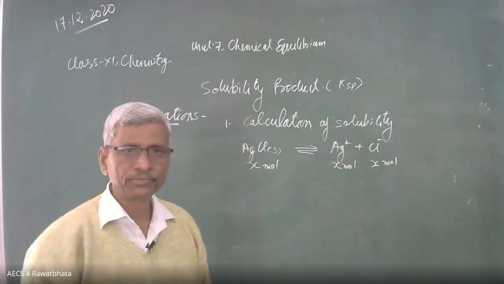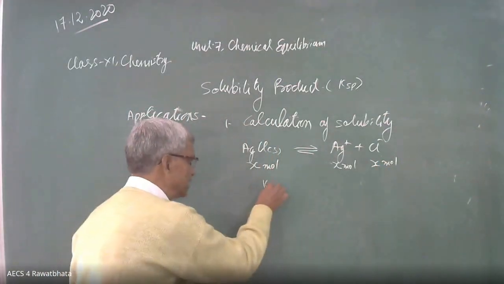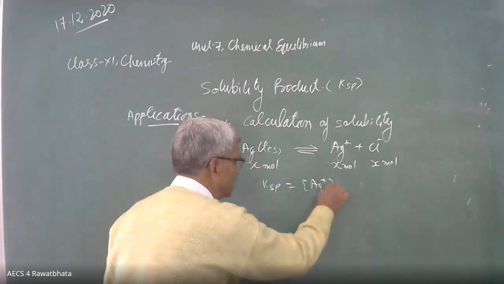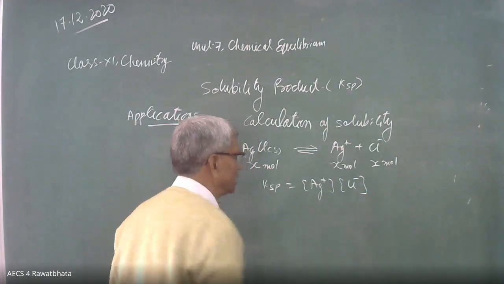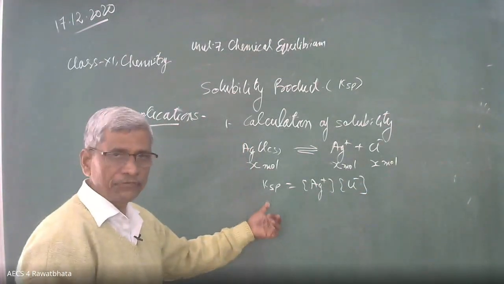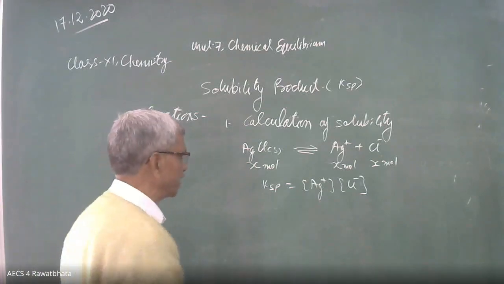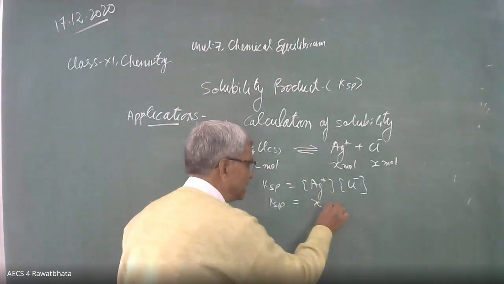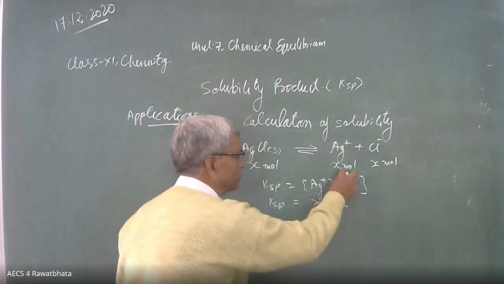Okay? So what is KSP? KSP is equal to the product of the silver ion and chloride ion in the solution. This KSP is known. It is fixed. We can use the table to find this. Then KSP is equal to X times X, X mole of this, X mole of this.